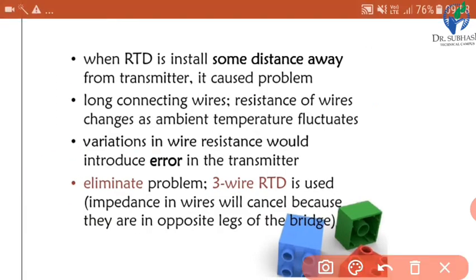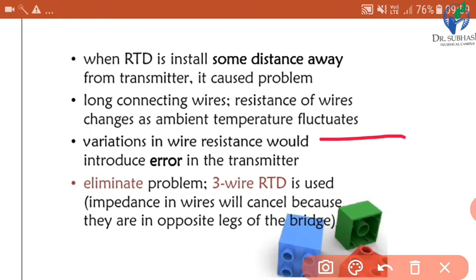When the RTD is installed some distance away from the transmitter, it causes a problem. Why? Because if the distance is large, then wire resistance will be added in the measurement, and due to this error is introduced in the measurement. In long connecting wires, the resistance of the wires also changes with ambient temperature fluctuations.